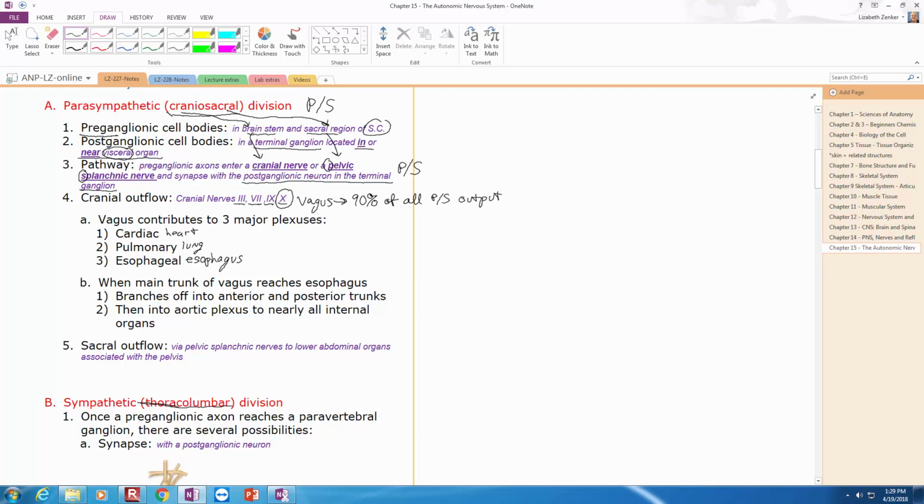And then it says, and those are because that is above the, these 3 are above the diaphragm. And it says when a main trunk of the vagus reaches the esophagus, it branches off into an anterior and posterior trunks, and then into, here's some more plexi, aortic plexus, to nearly all internal organs.